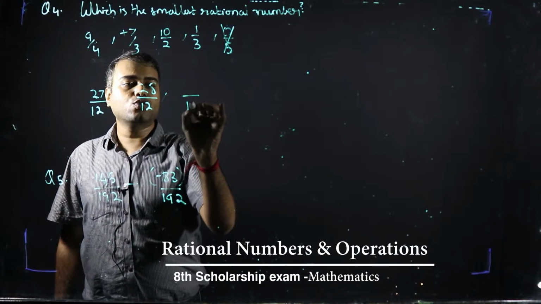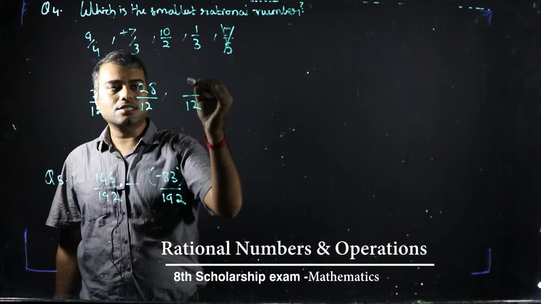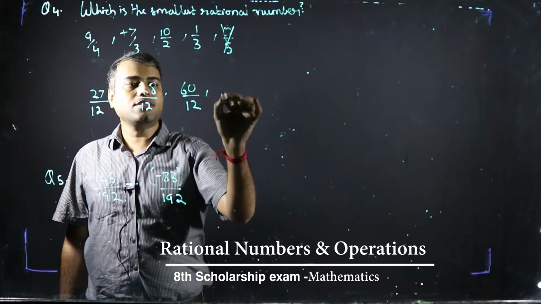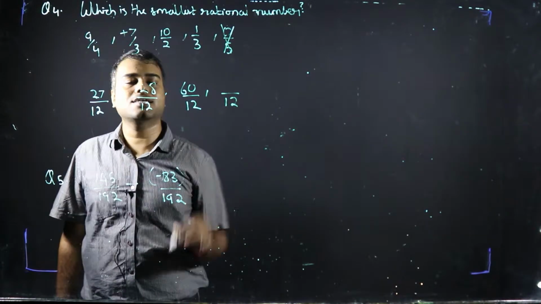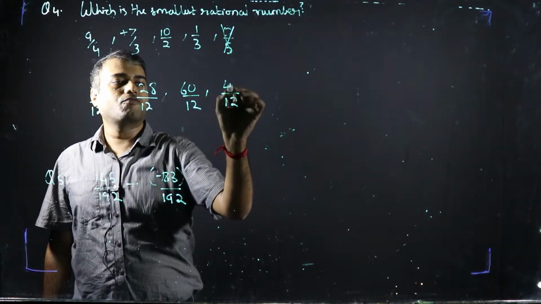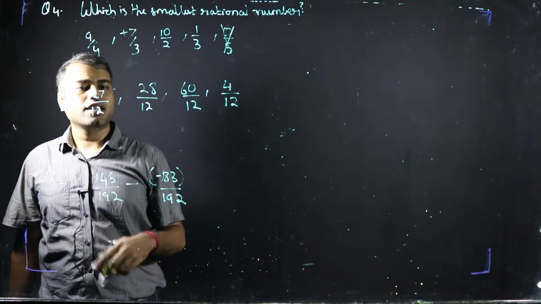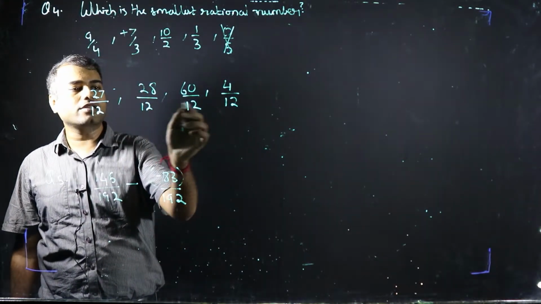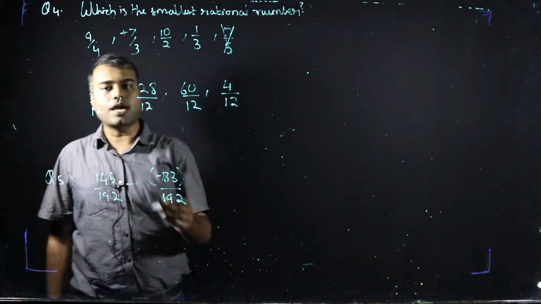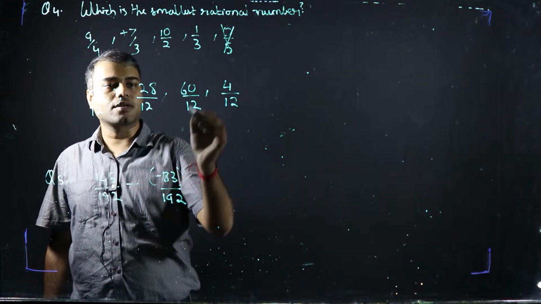Now to make 2 as 12, we are multiplying it by 6. So 6 into 10 is 60, and 1 by 3, again if we are making 3 as 12, we are multiplying it by 4, and 1 into 4 will be 4. Now as we have made all the denominators equal, we can directly compare the fractions by the greatest numerator.